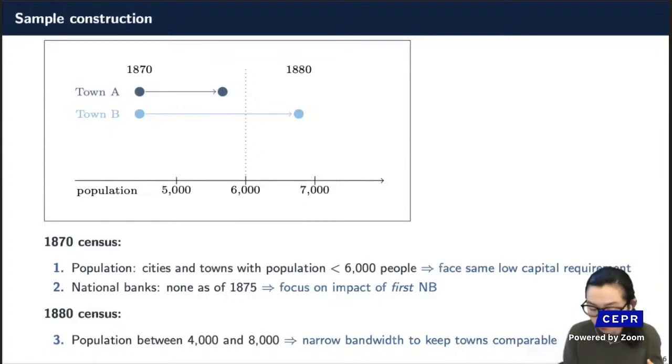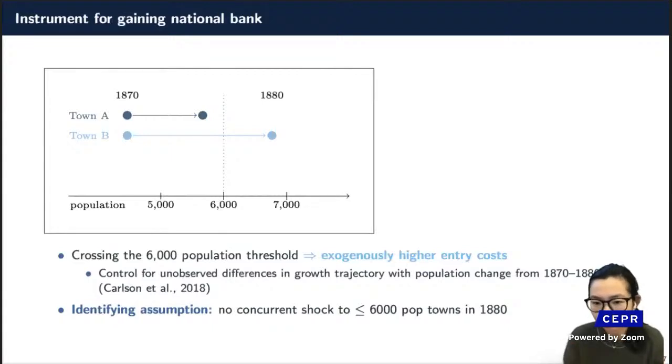Okay, so once we've done this restriction, I think the instrument becomes very clear, which is that the towns that cross the 6,000 people population threshold are now going to face those exogenously higher entry costs. And we'll also follow Mark's paper and control for unobserved differences in the growth trajectory with the population change from 1870 to 1880.